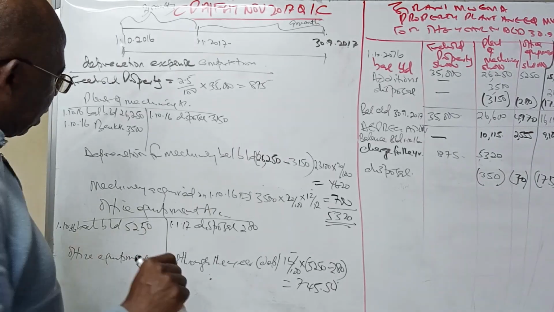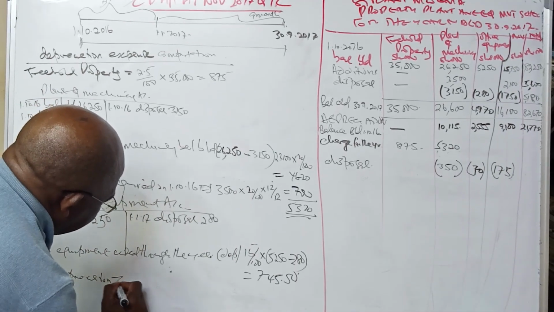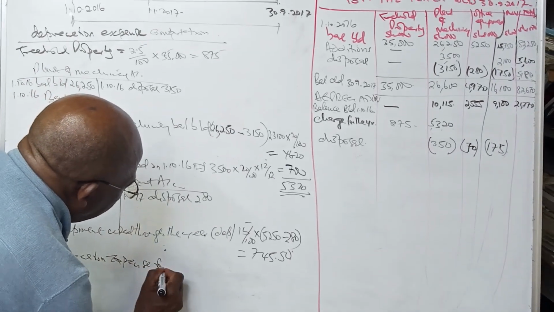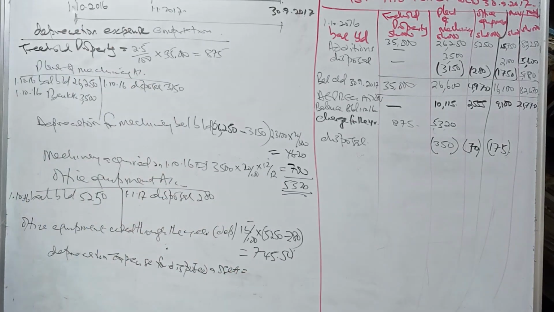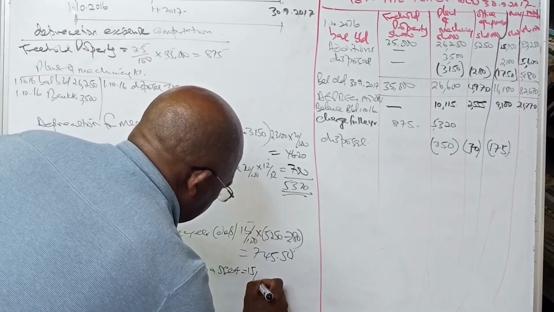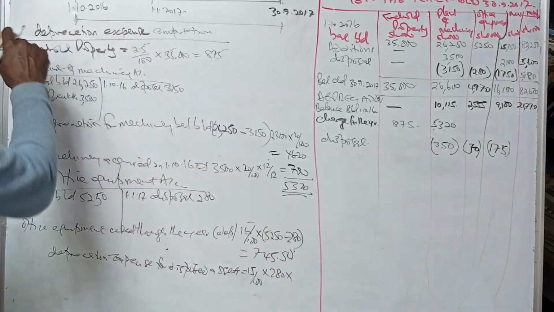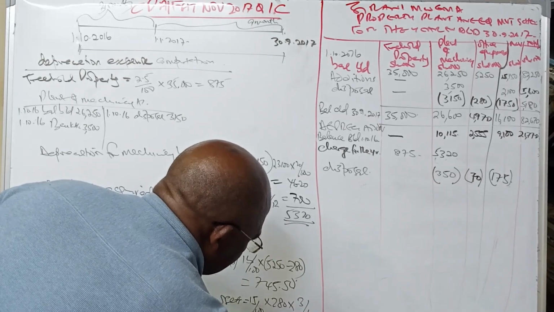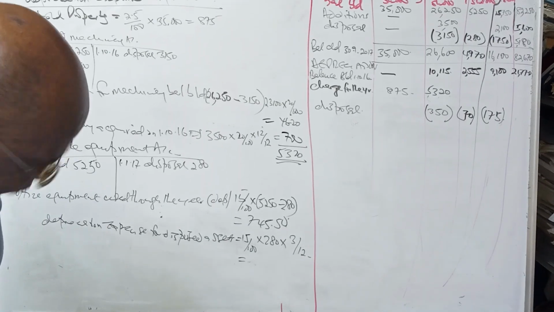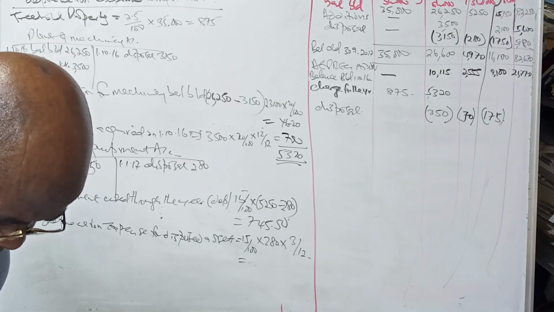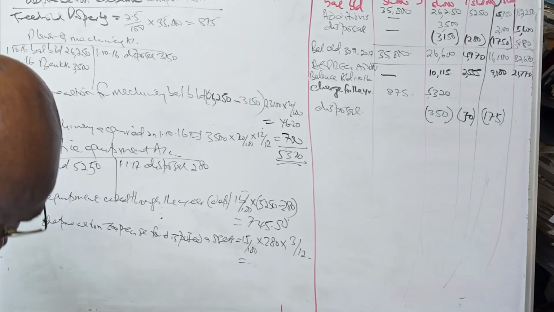So the depreciation expense for disposed assets is equal to 15% again of the value of the disposed asset, 280, but we used it for only 3 months, times 3 divided by 12. 0.15 times 280 times 3 divided by 12. We get a figure of 10.5.